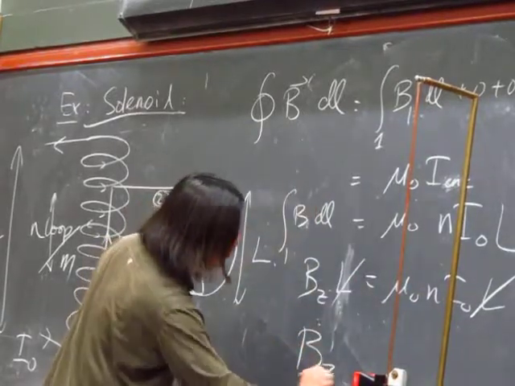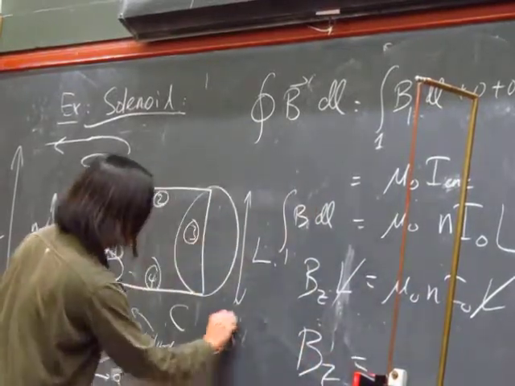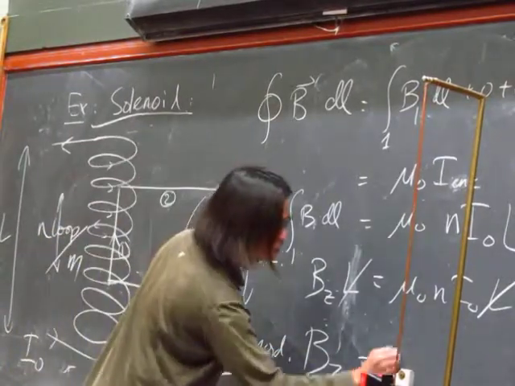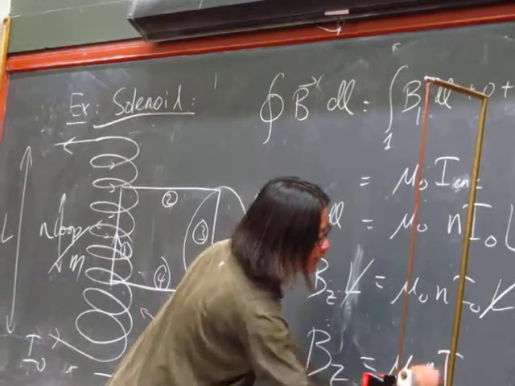The magnetic field inside the solenoid, B_c, is mu naught n I naught.